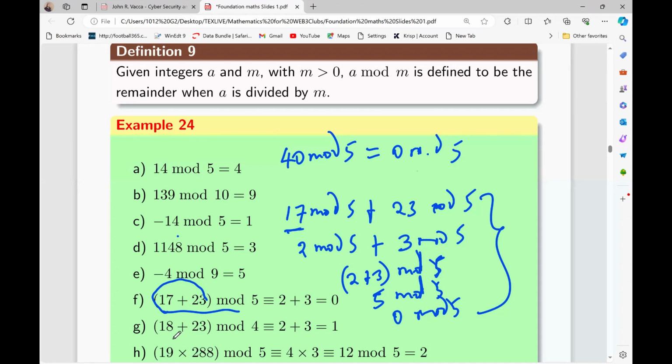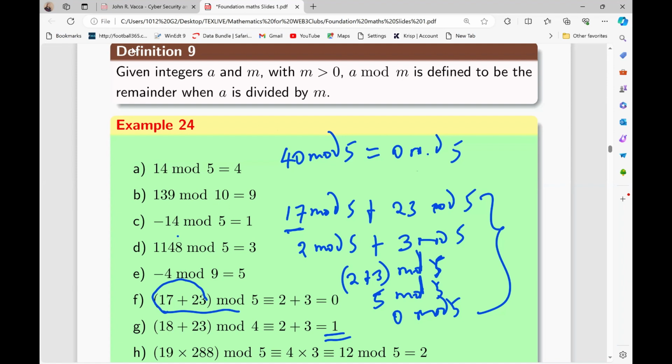Even this one, you can just add whatever is inside the bracket and get 41. Then divide by 4. 4 into 41 goes 10 times, and the remainder will be 1.